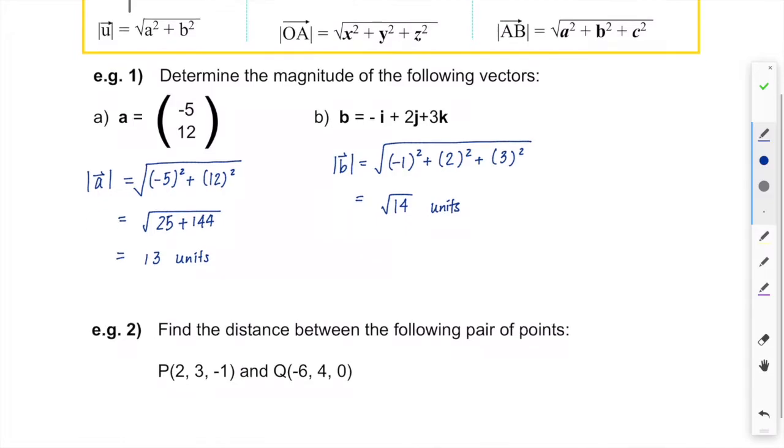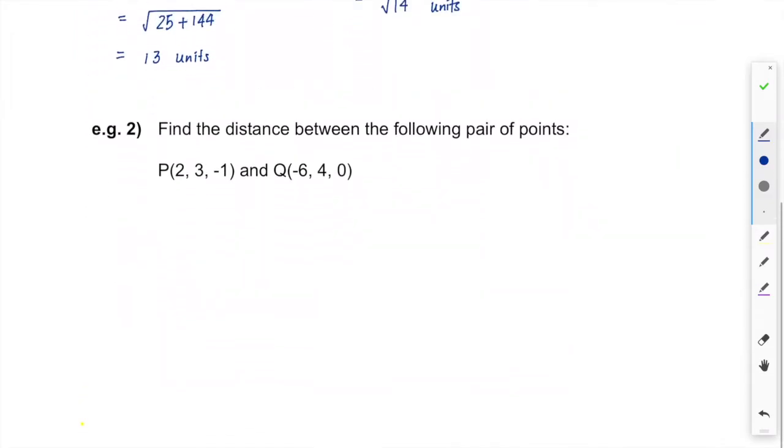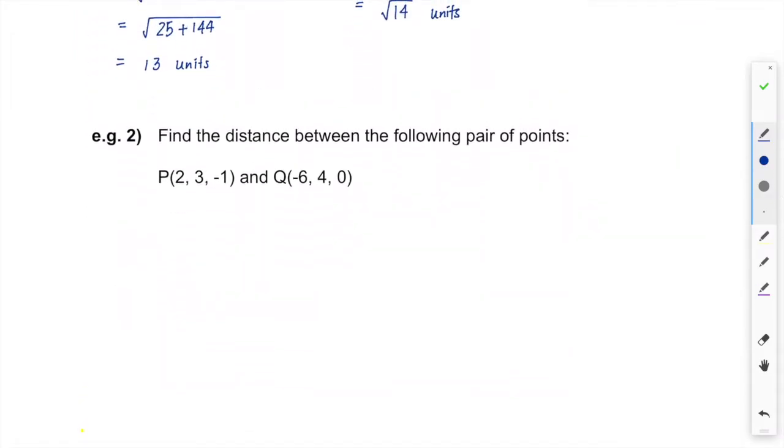In example 2, here we are asked to find the distance between the following pair of points. So the distance here can also be described as either the magnitude of the vector PQ or the magnitude of the vector QP. I don't really have to graph out these 2 points because I just know that by connecting the 2 points, I get a line segment.